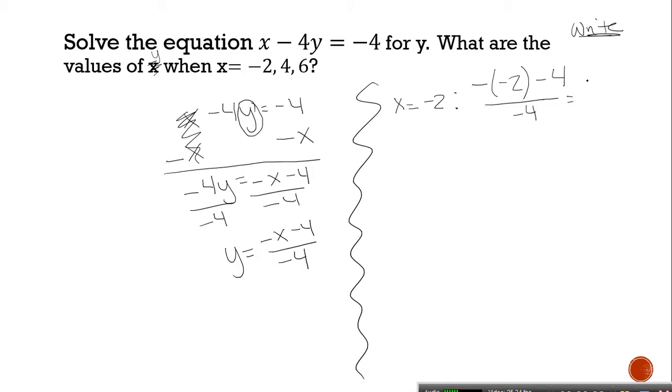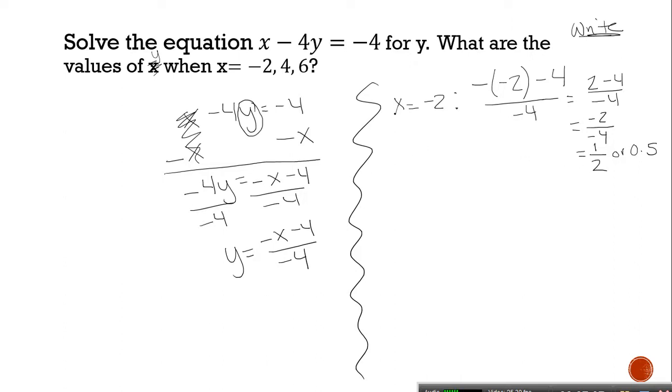So actually, I'm going to have on the top 2 minus 4 divided by -4. 2 minus 4 gives me a -2. And this is going to give me -2 divided by -4. If you try that on your calculator, you will get a 1/2, or you'll get 0.5 if you try it on your calculator.